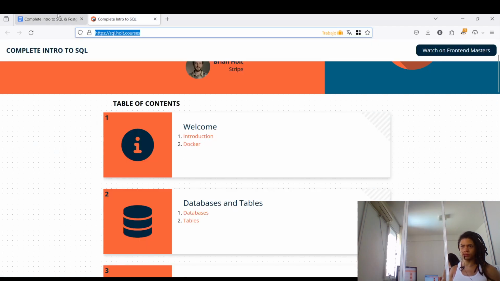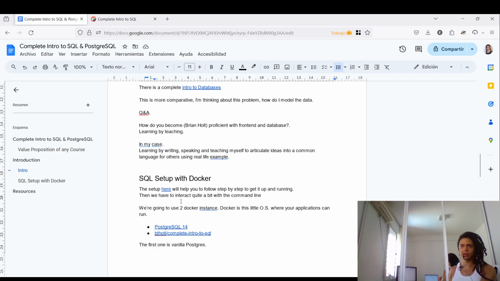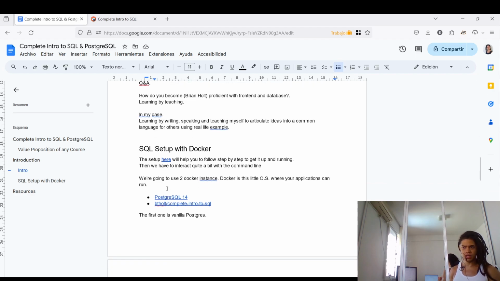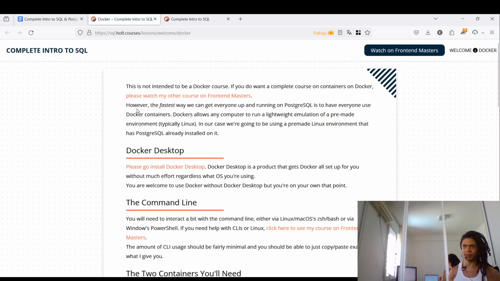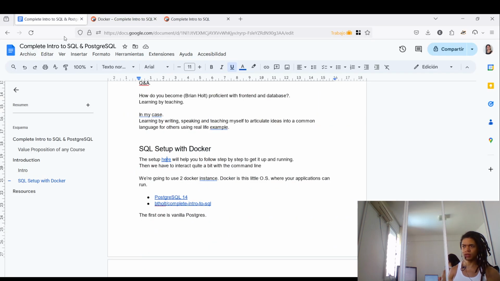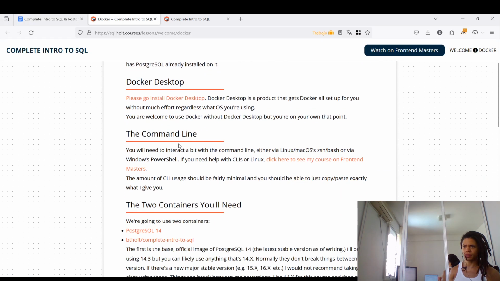The idea here is that this setup is something that we're going to follow along, step by step, to get it running.